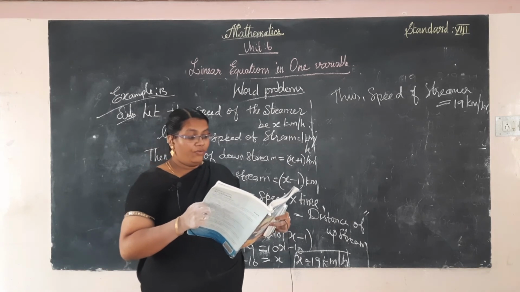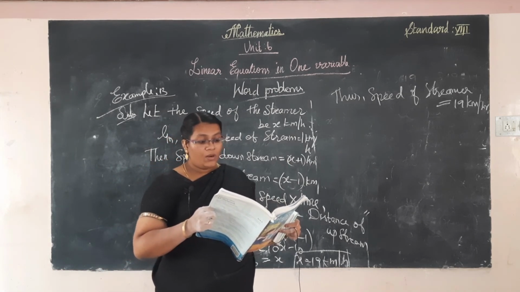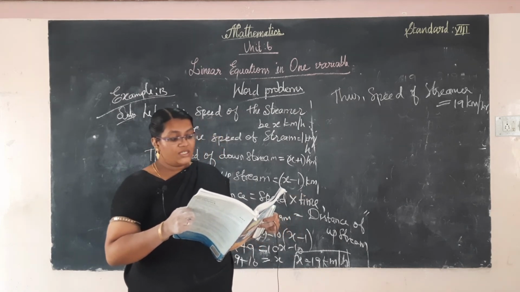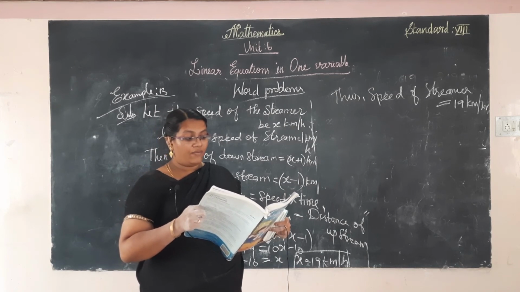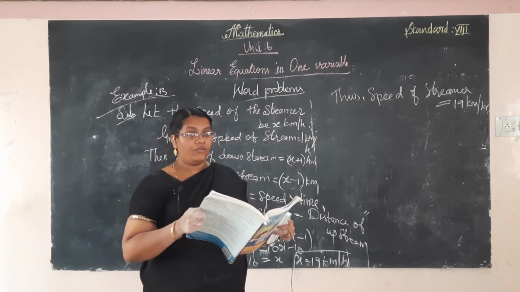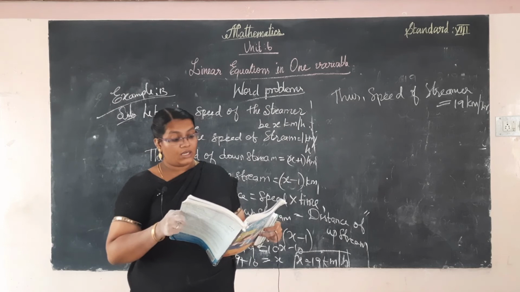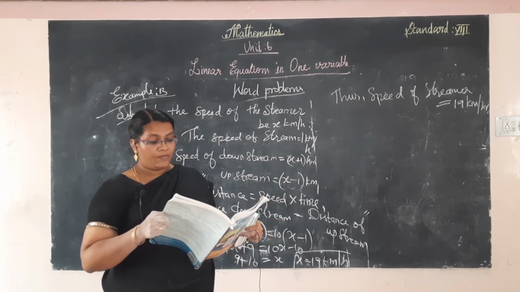The speed of Rajiv is 10 kilometer per hour more than the speed of the Suzail. After 3 hours, they are 40 kilometer away from each other. Find the speed of Raju and Suzail.